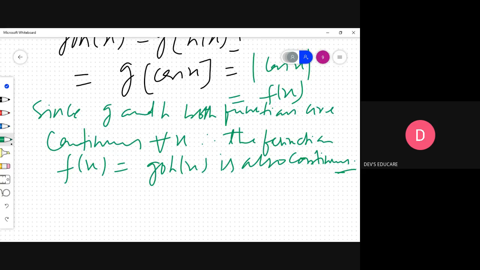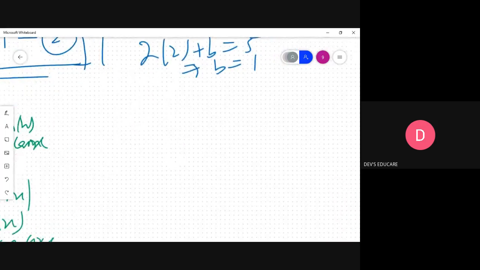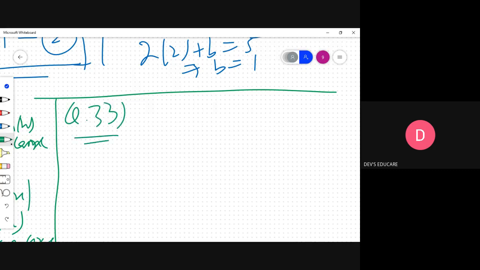So we are doing question number 33 also. We have been given f(x) equals sine of mod x.